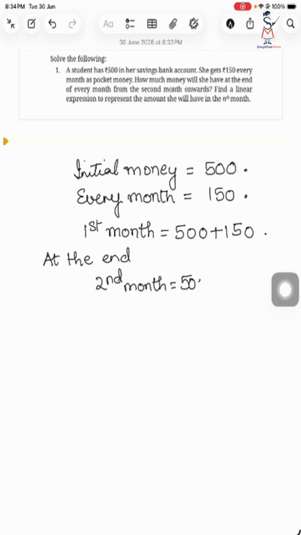Initial 500 which she had plus 150 which she gets for the first month plus 150 for the second month, which could be written as 500 plus 150 plus 150, that is 2 150s. So it could be written as 500 plus 2 into 150. That is the total amount: 150 into 2 is 300, so 800.